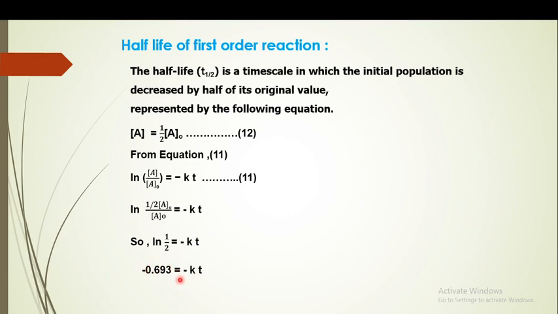So the negative gets cancelled. This t is the half-life, because here the initial concentration of reactant has decreased to half of its original value, so it can be denoted as t half. So t half is equal to 0.693 upon k. This is the required equation for the half-life of a first order reaction.